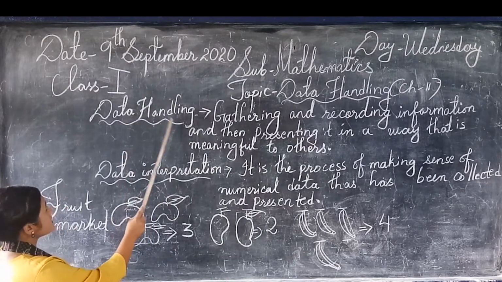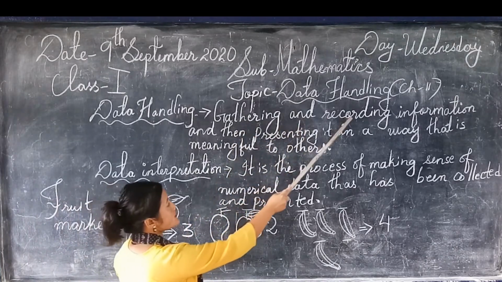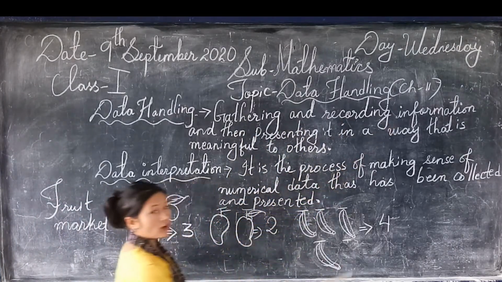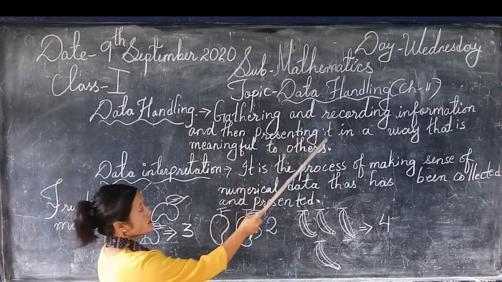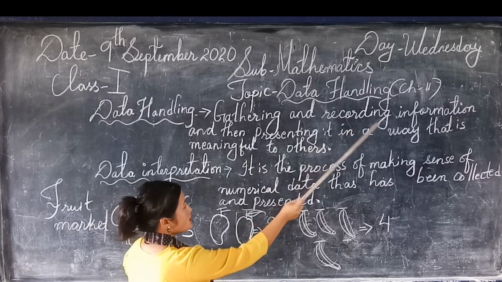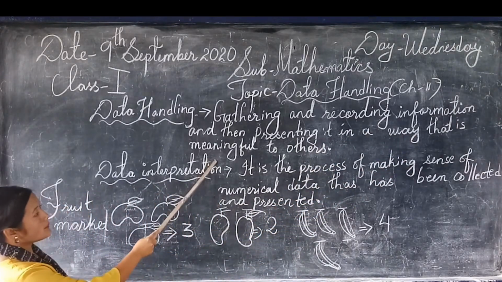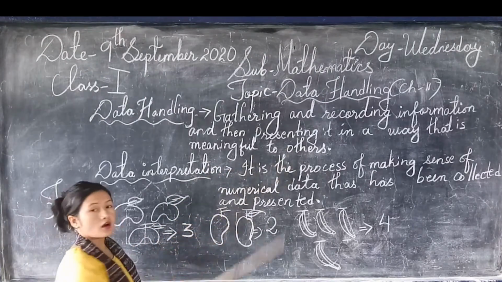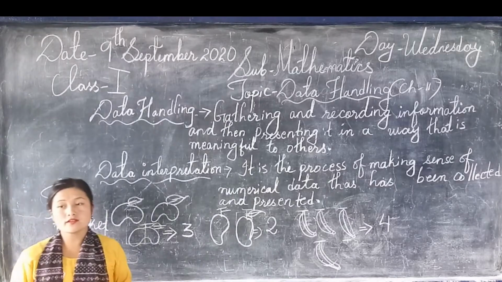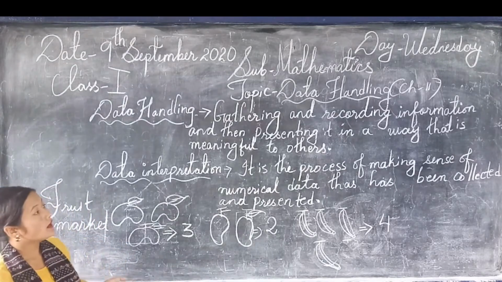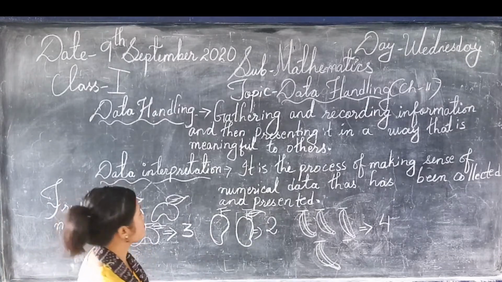Data handling: gathering and recording information and then presenting it in a way that is meaningful to others. Data handling means gathering and recording some information and presenting it in a way that is meaningful to others.